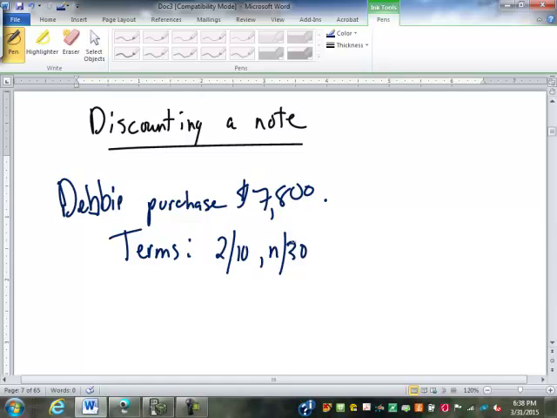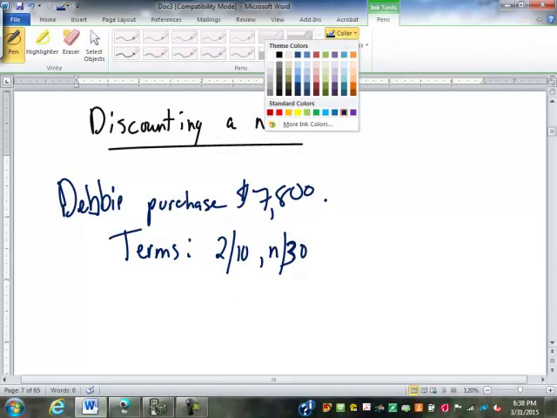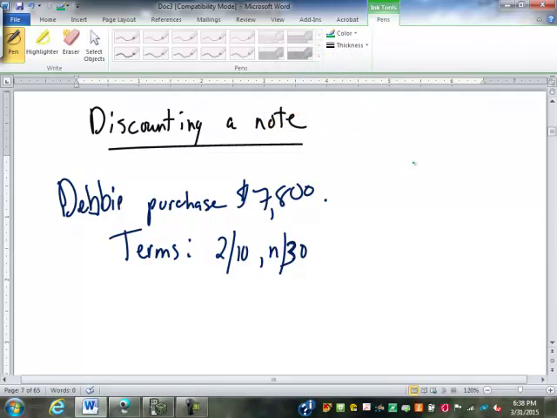What's that mean? Sure. If she pays within 10 days, she gets a 2% discount. Guess what? She didn't get the discount. She must pay by the end of 30 days.